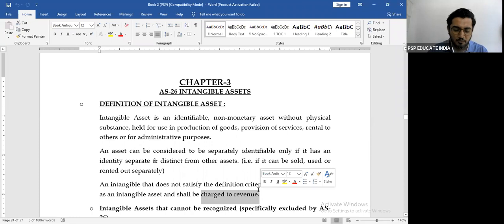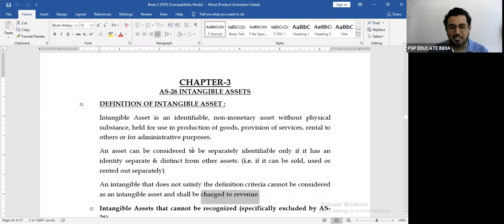This means you cannot capitalize it at all, you will charge it to the profit and loss account. Are you getting it? It will be charged to the profit and loss account, and it cannot be capitalized as an intangible asset.